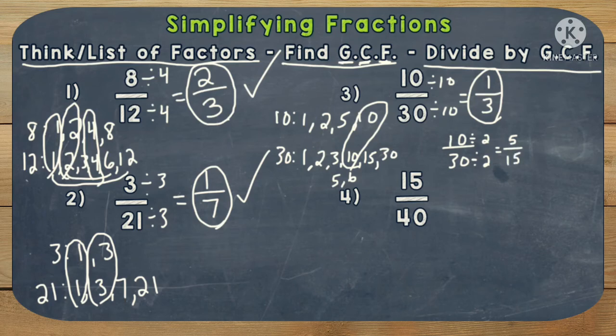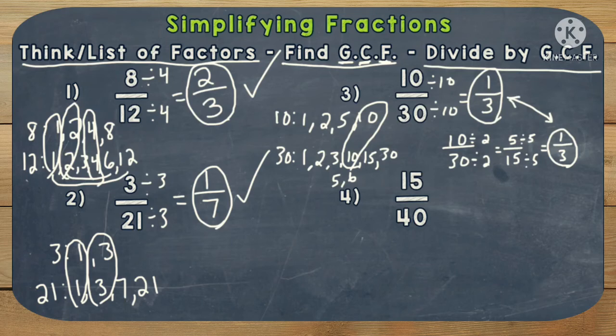Now, if we take a look at 5 and 15, is there a number, a common factor between 5 and 15? Hopefully you're thinking we can divide both of those by 5. Let's divide 5 by 5 and 15 by 5. 5 divided by 5 is 1. 15 divided by 5 is 3. And we got to 1/3. We got the same answer, two different paths, same answer.